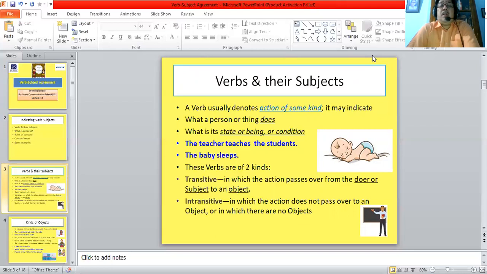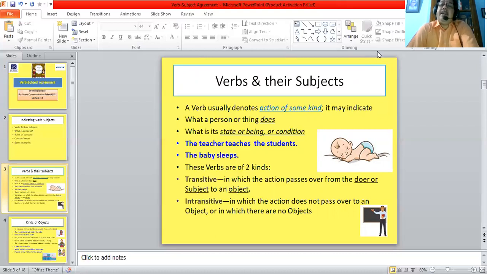So they are all engaged in some activity or some action. Now it might indicate what a person or thing does, or in other words, when the person or thing is acting as initiator of the action.